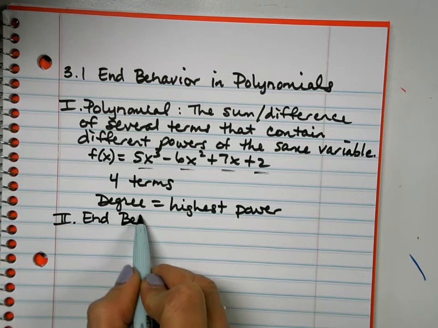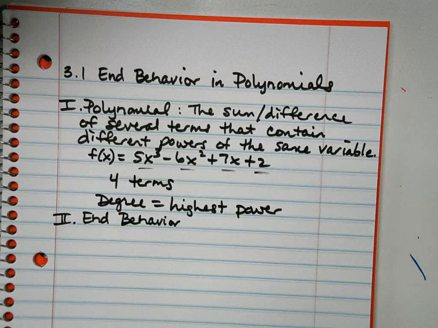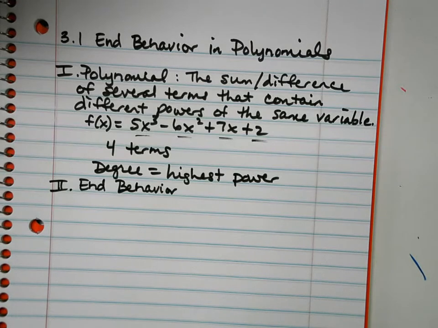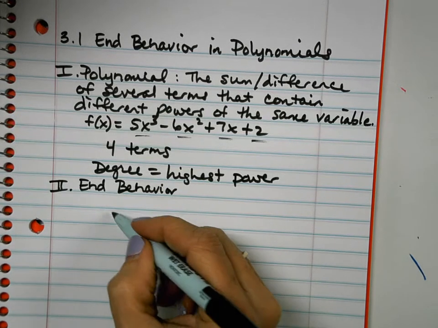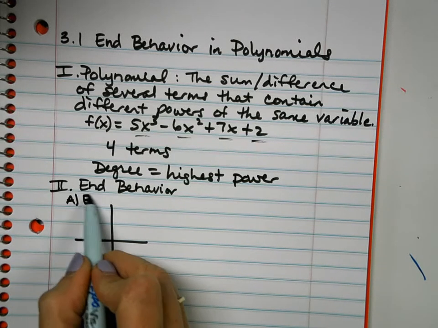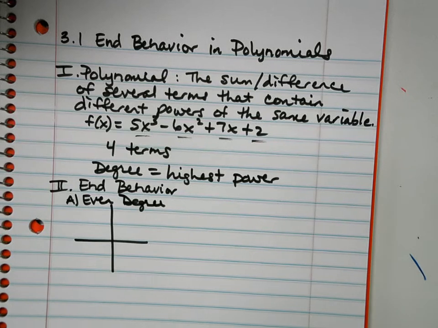If you know the parent graphs that we're going to draw right here, that'll help you remember if it's going to go high, high, low, high, etc. We know really well the parent graph for the even degree, that would be x squared. We know that graph, right? So this would be for even degrees. The end behavior for all even degrees.